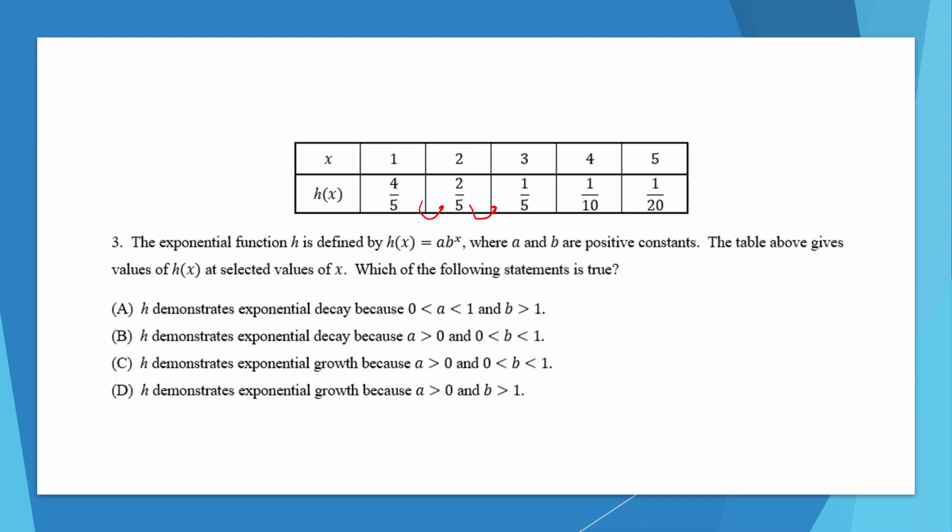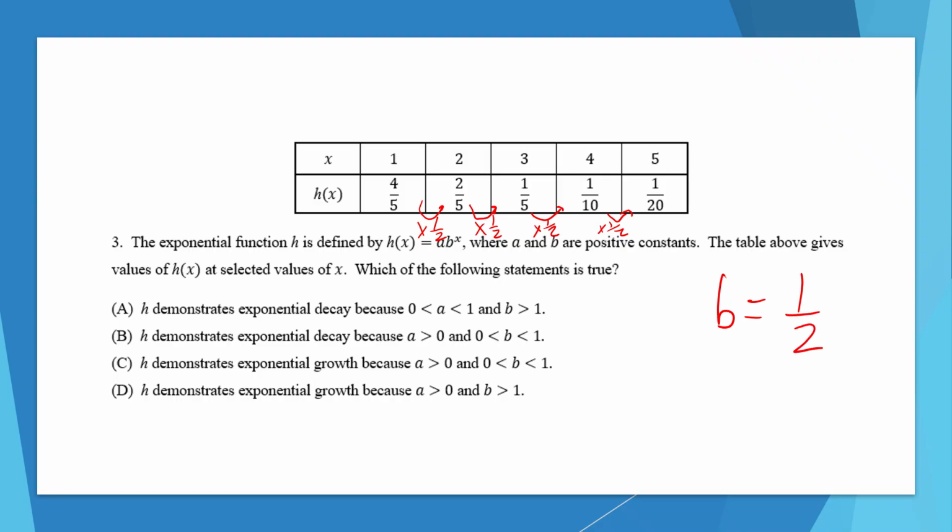Here we're actually multiplying by 1/2 every time. So 1/10 times 1/2 would be 1/20. Remember to say times 1/2 instead of divided by 2. So times 1/2, that means our b value, our growth rate, should be equal to 1/2 here.